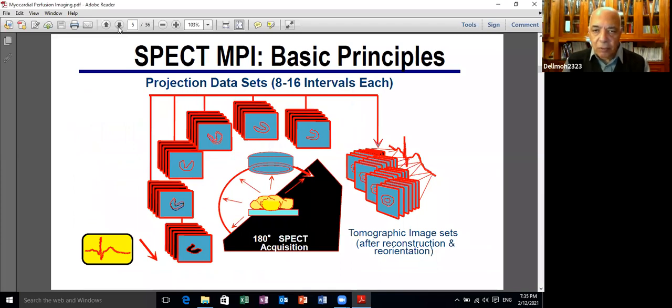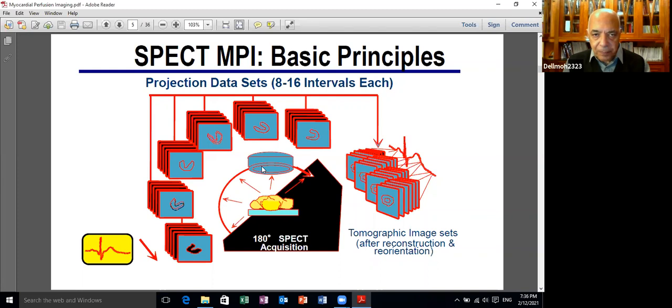So this is a cartoon which shows how we can obtain the pictures. As you see here, this is the gamma camera. And usually it rotates in an area between the left anterior oblique 45 degrees and goes all the way 180 degrees to the right posterior oblique 225. Sometimes we get a double head, and under these circumstances they rotate only 90 degrees and not 180 degrees as we see in this picture.